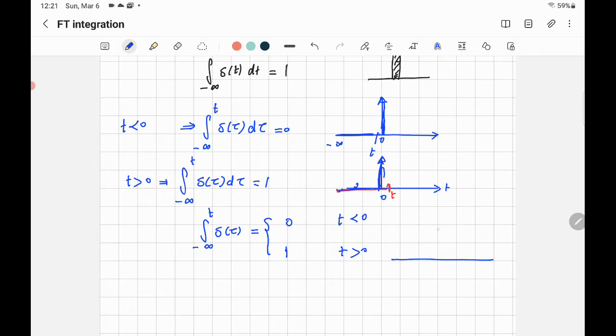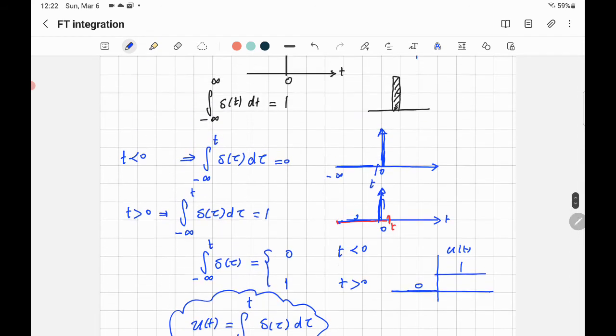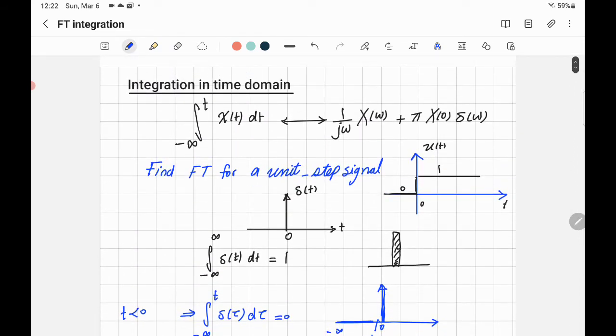Let's sketch it: when t is less than 0 it is 0, and greater than 0 it is 1. That's the unit step. So the unit step is equal to the integration of the unit impulse. That's great.